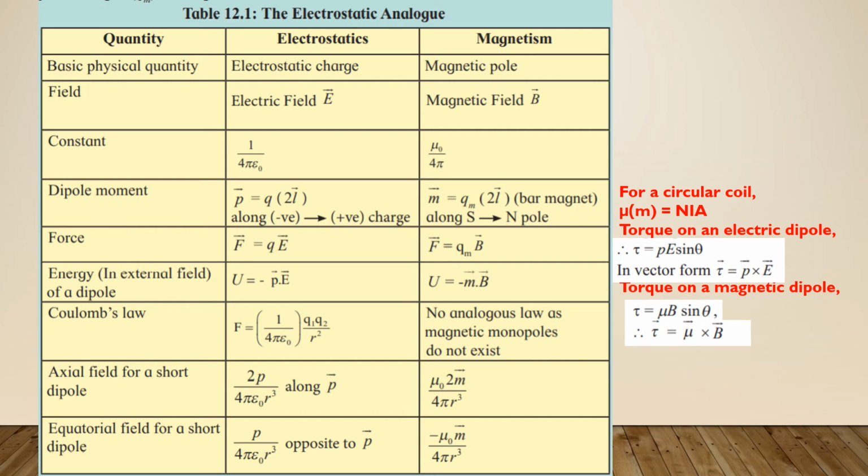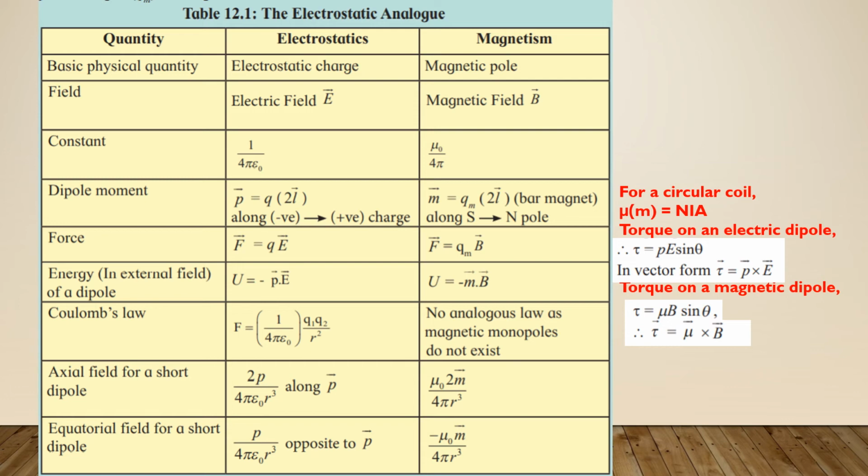Further, the energy of an electric dipole in the external electric field is given by minus P bar dot E bar, whereas the energy of a magnetic dipole in the external magnetic field is given by minus M bar dot B bar.